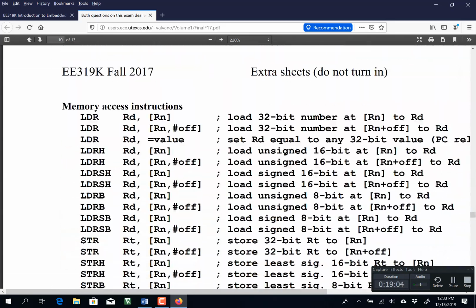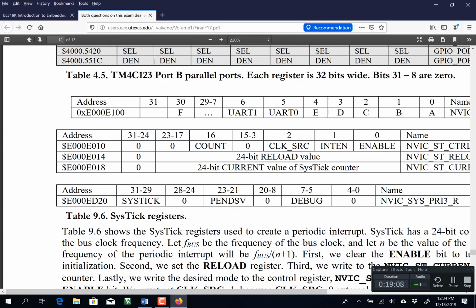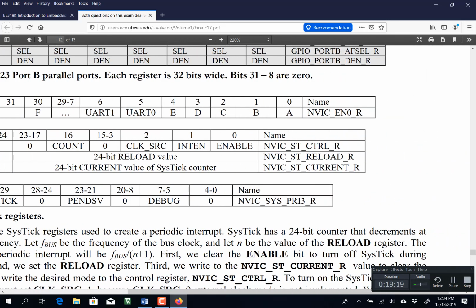So something really complicated like the priority register. Okay. All right, so there's a priority register for SysTick. You see it right there? Nested vectored interrupt, SYS_PRI3. Okay? You with me? That's your exam question.